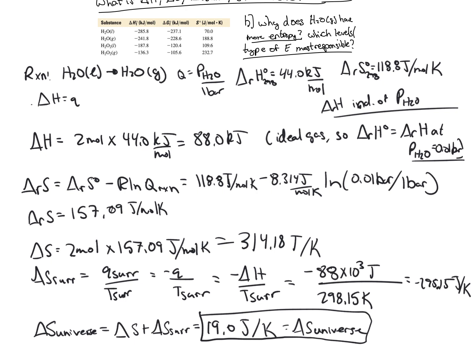Again, this general approach is going to work for any sort of chemical reaction. We had this key derivation. The entropy of a substance, especially gases and aqueous species, depends very strongly on the partial pressure, the concentration, and that's going to really govern what happens to the entropy of the universe during a process. The enthalpy is going to give us information about the entropy change of the surroundings.